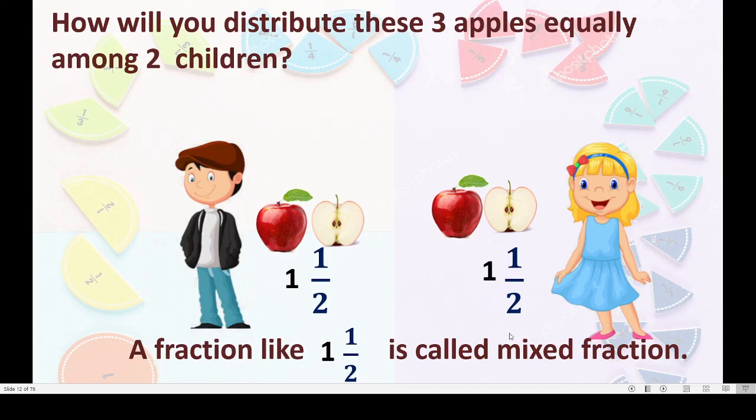So this type, if there are three numbers, then it is called a mixed fraction. Remember the word mixed fraction. Mixing whole number and fraction. So that is called a mixed fraction. We will see some more like this.